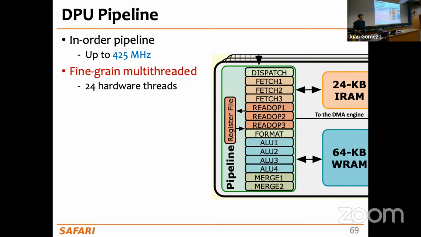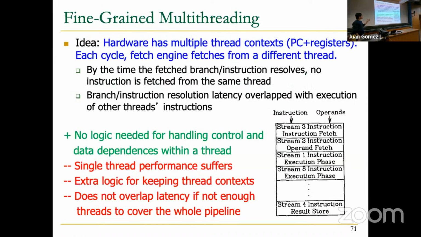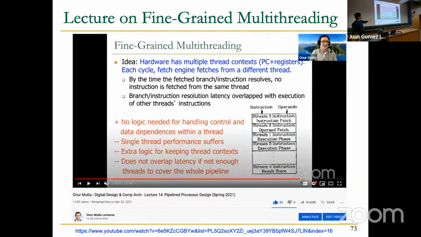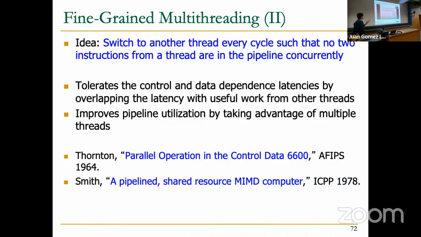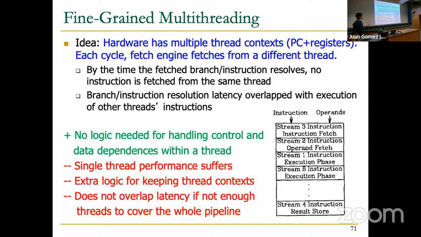And it's a fine-grained multi-thread architecture. What does it mean? That's something you can learn by yourself by reading this slide in more detail, and also by watching this lecture from Professor Mutlu from the Digital Design and Computer Architecture course, where he explains what a fine-grained multi-thread architecture is.